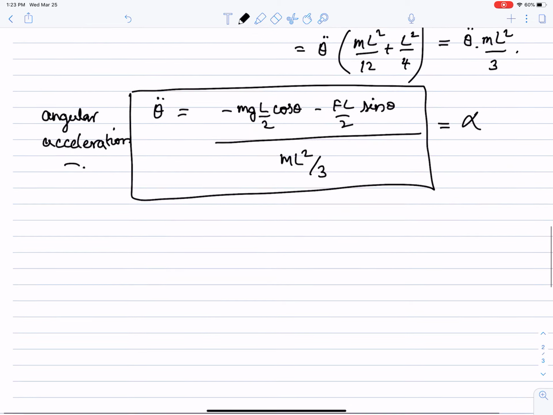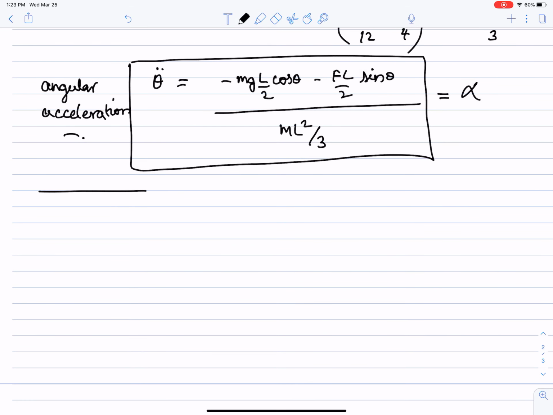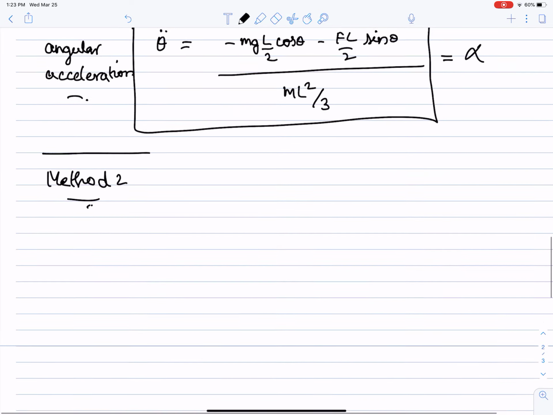Okay, so that's method 1. Method 2 is different. With method 2, one has to be careful applying this moment.